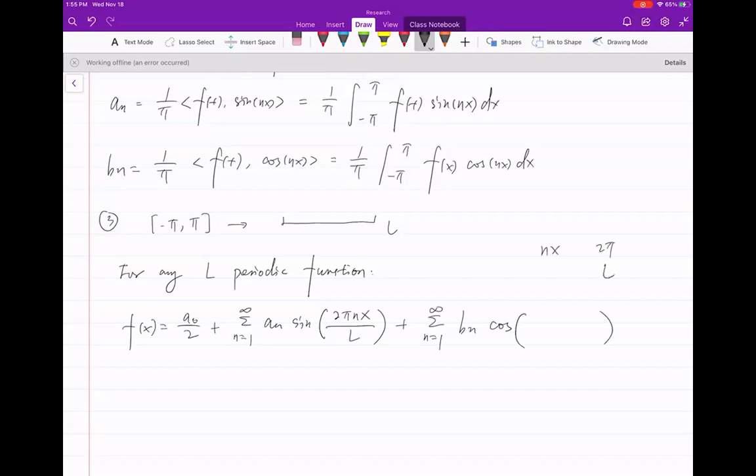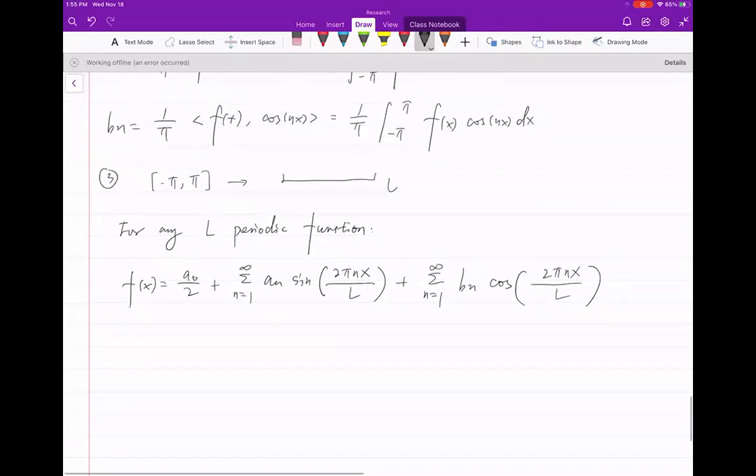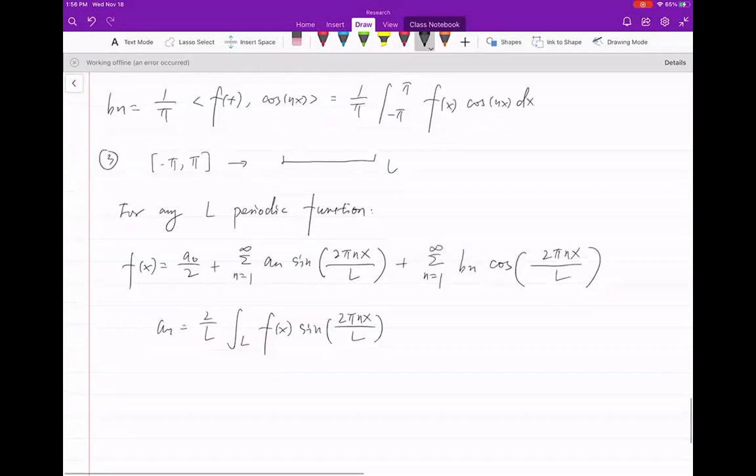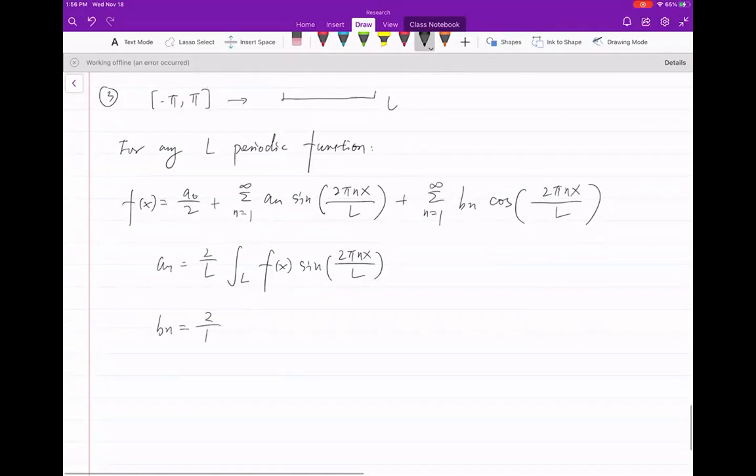Now you want something with L, so you just do 2 pi nx divided by L. Of course, your a_n and b_n are going to change a little bit, but not too much. a_n is going to be 2 over L, the integral over L of f(x) sine of 2 pi nx over L. b_n is 2 over L, the integral of f(x) cosine of 2 pi nx over L.